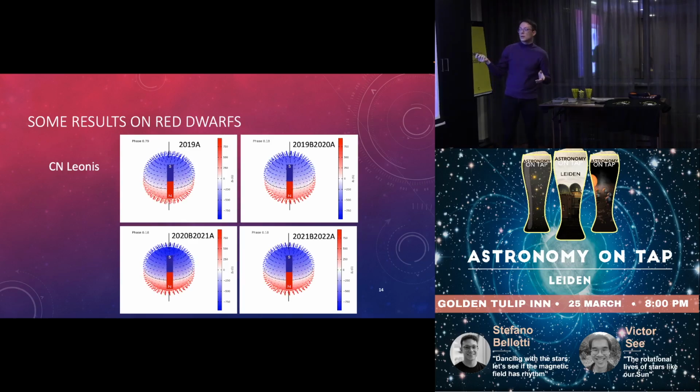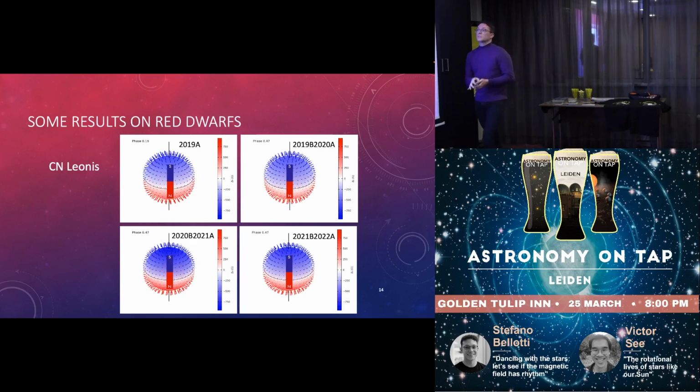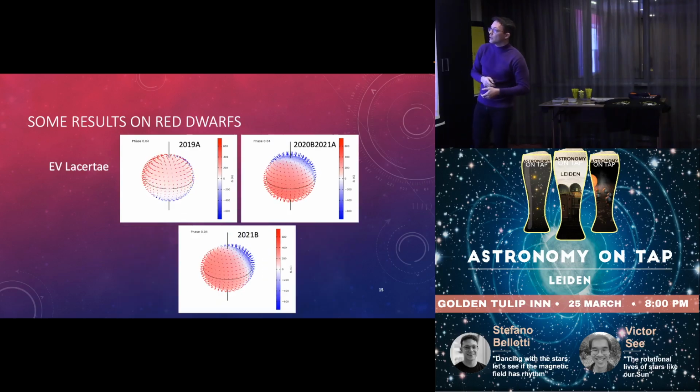So this star seems to not have a magnetic cycle, or maybe because our observations span from the beginning of 2019 to the beginning of 2022, maybe our observation window was too short. Maybe it's a very long cycle, it's not 22 years, maybe it's 50, and therefore we're not grasping that variation.